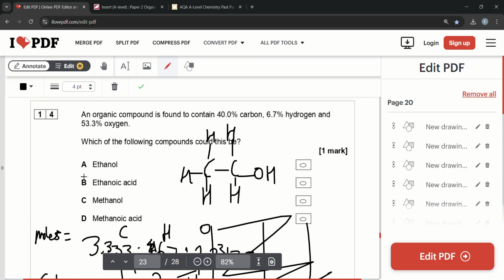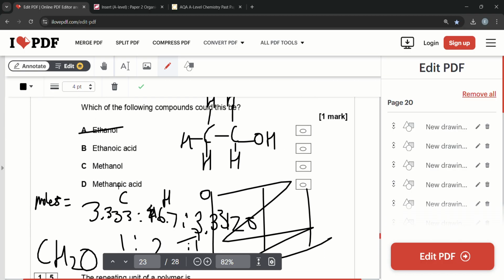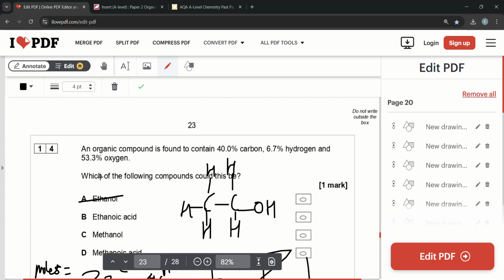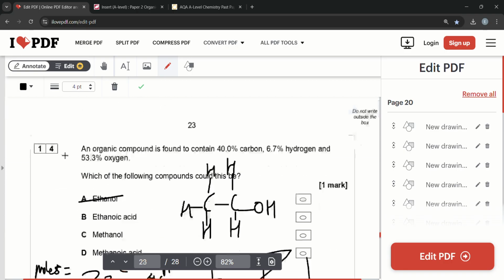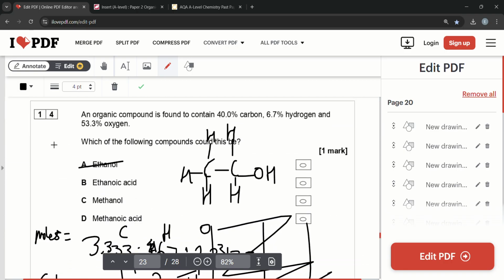Yeah, cannot be simplified. Ethanoic acid. It's not ethanoic acid. If you draw that out, methane, ethane, so it's got a carboxylic acid, C double bond O, OH. Methane, ethane.